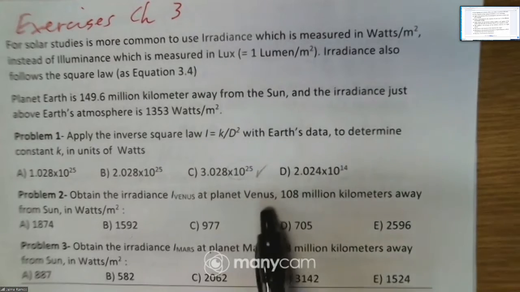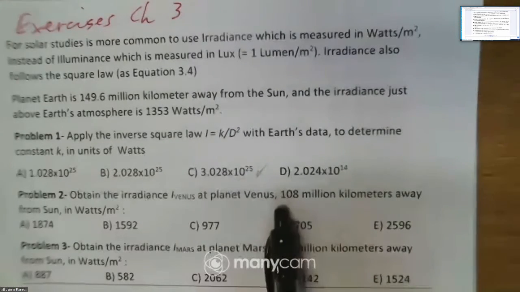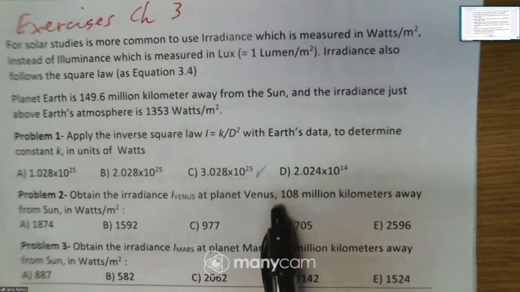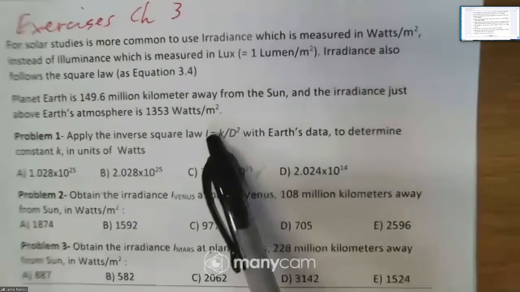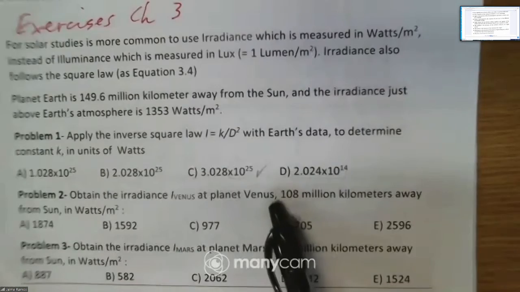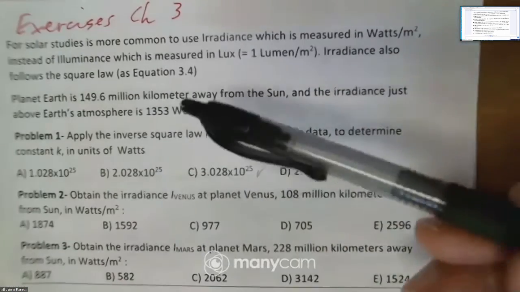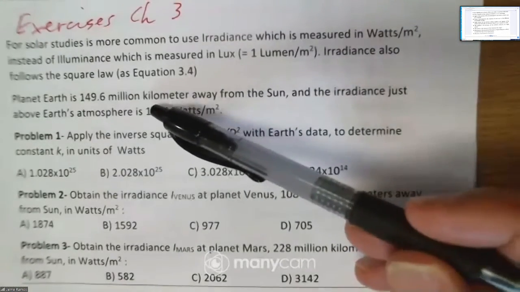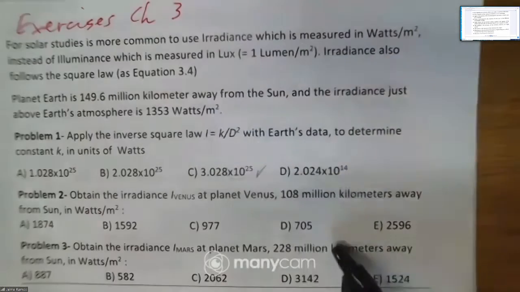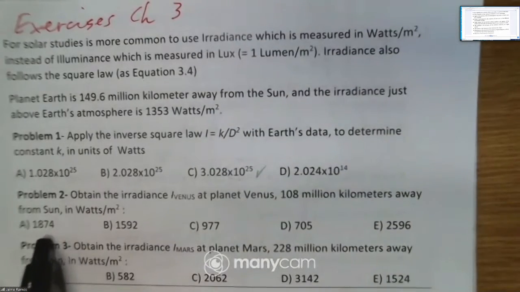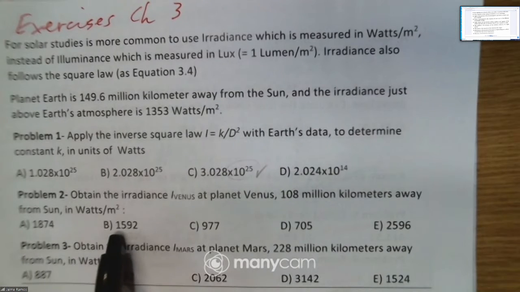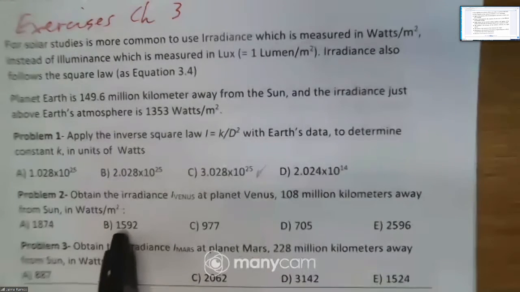So, for example, planet Venus, which is closer to the sun, what is going to be the intensity at planet Venus? It's going to be higher than 1,353. So it can be either 1,800 or 1,500.